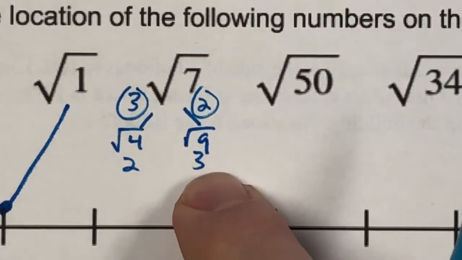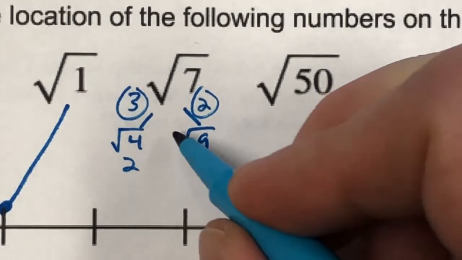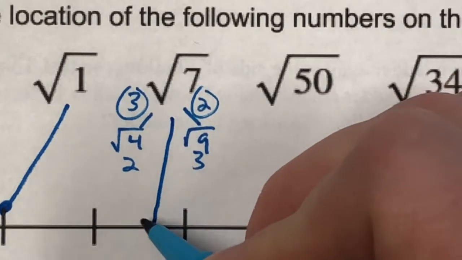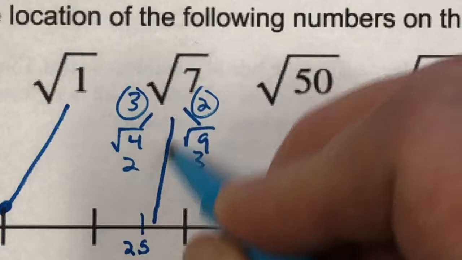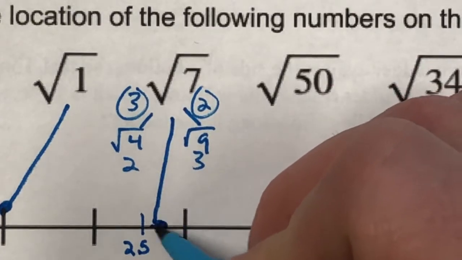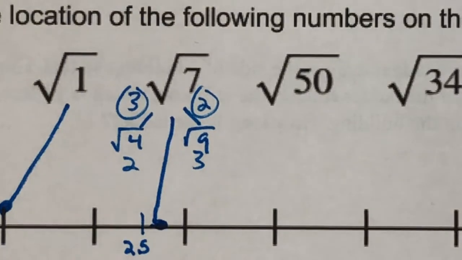So it's between 2 and 3, but it's closer to 3. So we kind of get as close as we can. So maybe I'll draw my line a little bit past halfway, because remember, halfway is about 2.5. So if you kind of put your dot anywhere in between any of this area, you'll get credit for that one. So between 2 and 3, closer to the 3 side for that one.